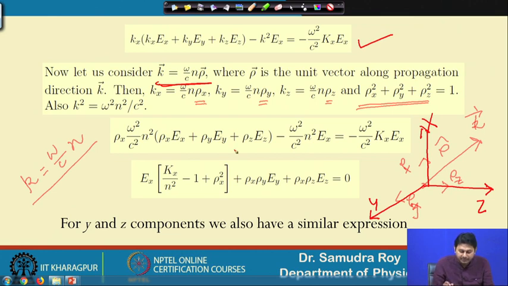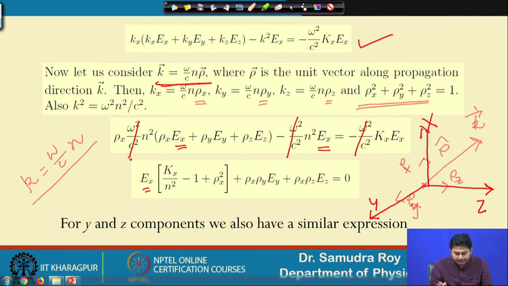Now, if I simplify this by taking E x common, I will have omega square by c square n square as one term. Here, omega square by c square and omega square by c square are all sitting here, so they will eventually cancel out.